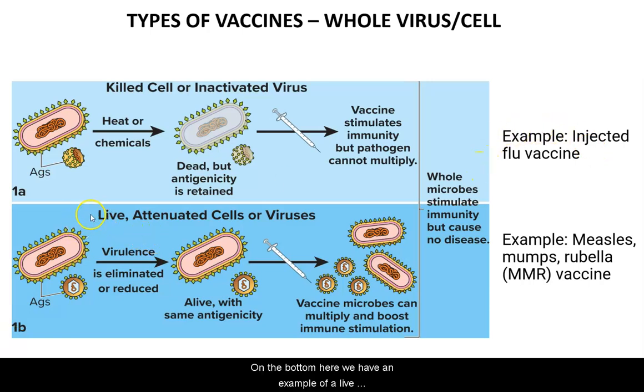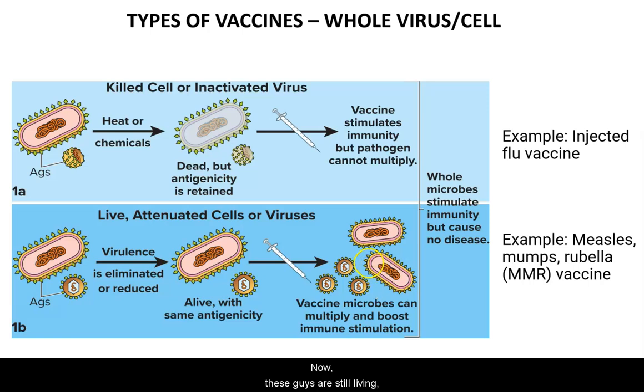On the bottom here, we have an example of a live attenuated cell or virus. So here again, we have the microbe and it's displaying its antigens. And then we have somehow reduced its virulence or eliminated its virulence. So it's still living and it still has its antigens. But when it gets injected, it's not going to cause the disease.